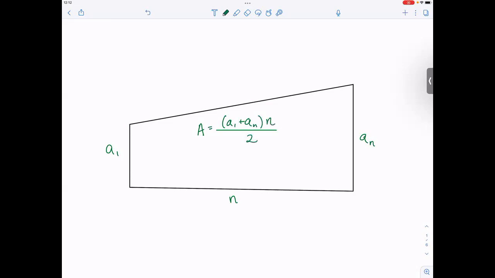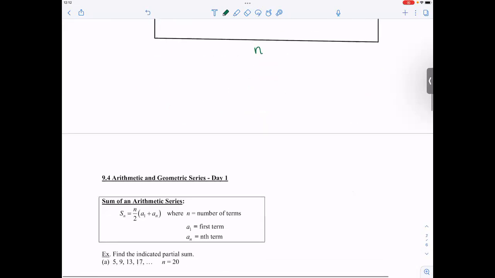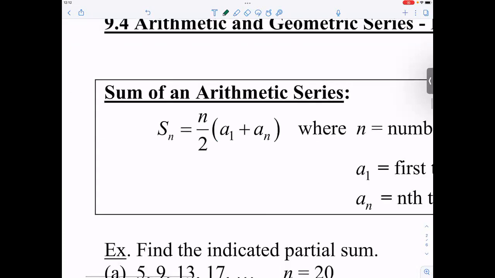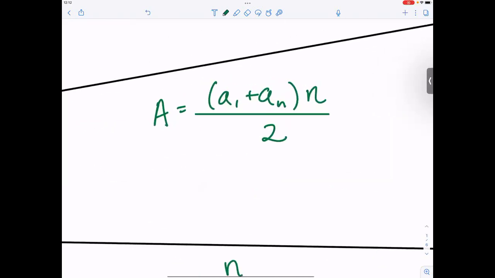Okay. So if you look at your paper, and then you pan your vision slightly to the left, and you see this equation, and now you look at the area equation we just wrote, are they the same?